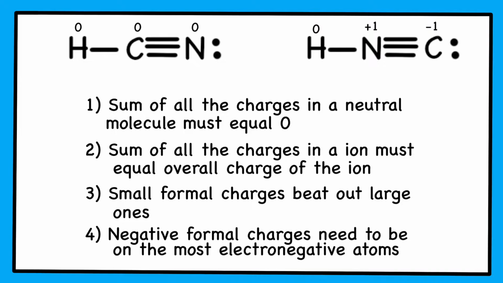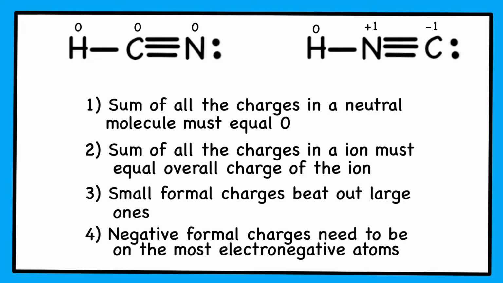So now let's look back at both our hydrogen cyanide molecules. We can see that the sum of all the formal charges of all the atoms in the carbon-centered molecule is 0, while the nitrogen-centered molecule is also 0. Since both these molecules have a total formal charge of 0, we will have to go to our third rule and compare the size of the individual charges for each atom.